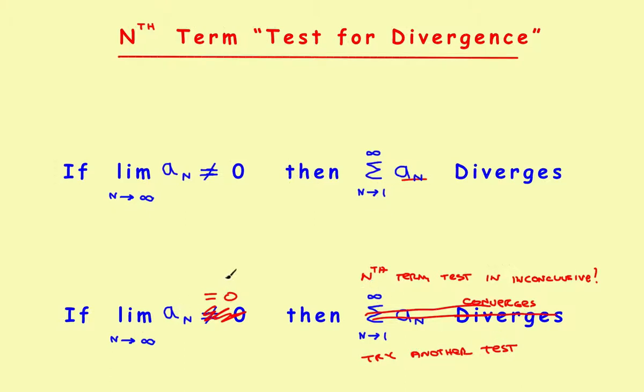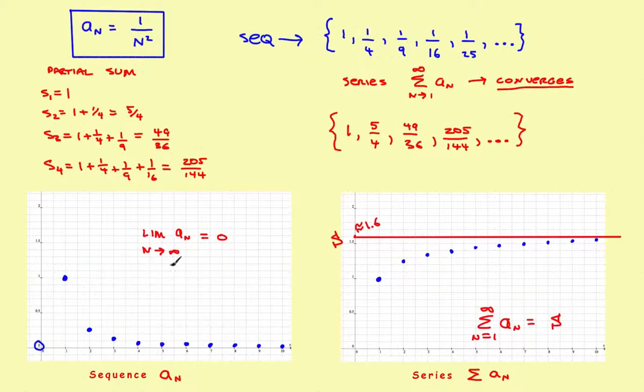Now an example of this would be this. Actually, let's look back at these because you'll see where this comes from. So 2 cases where the limit of the sequence is equal to 0. Let's look at the first example. In this case, the limit of the sequence was 0. This thing was getting closer and closer to 0, and the series converged.